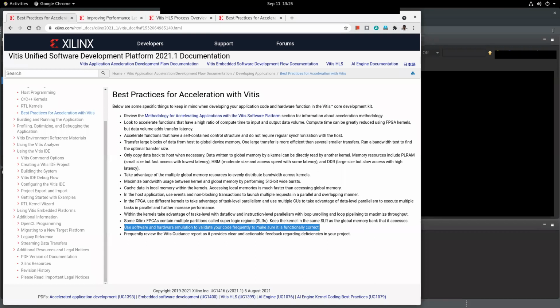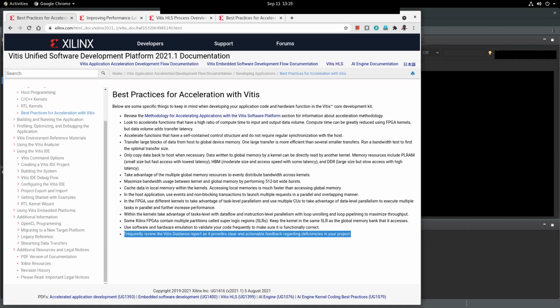So you should check if your code is functionally correct by running it in software and hardware emulation. And you should also learn to read the reports, the analyzer reports. You should learn what things you should be focusing on. Those are the hints you should get to see how you can optimize your system.